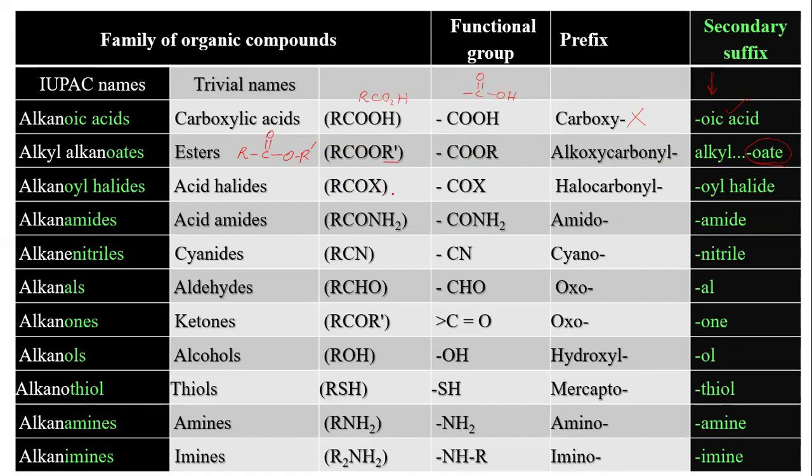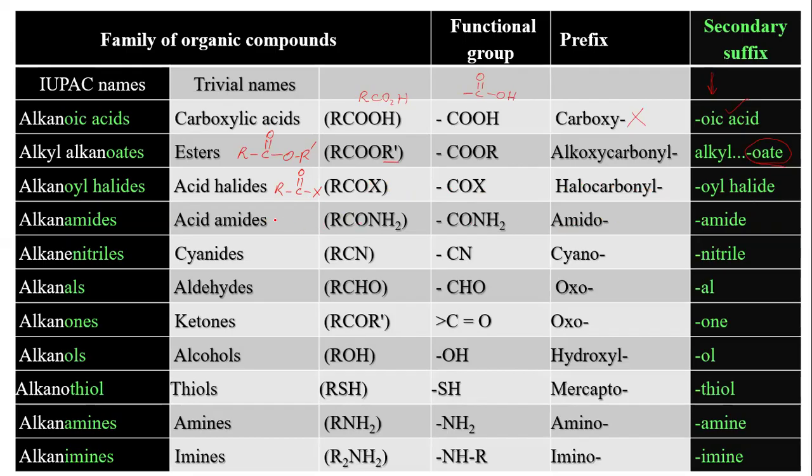Acid halides can also be written like this. X could be Cl or Br, but usually not I. These are called halocarbonyl, and the suffix is -oyl halide, it could be chloride, bromide, iodide. Not iodide generally, chloride or bromide.